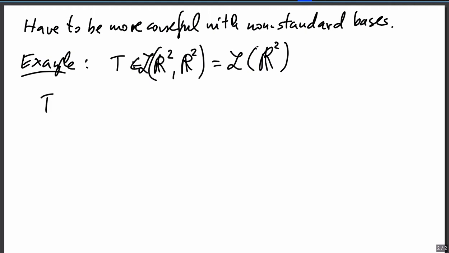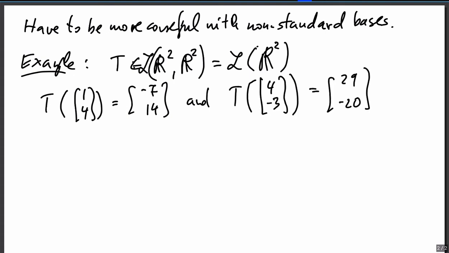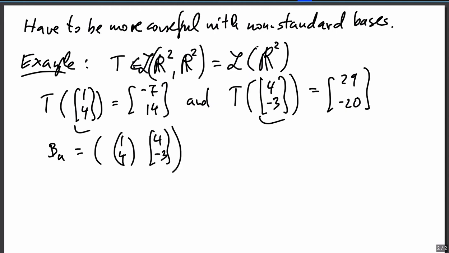If what's given is the image of vector (1, 4) as (-7, 14), and the image of (4, -3) as (29, -20), you can consider this as one basis, and we are mapping from R2, so this would be the first basis, with basis vectors (1, 4) and (4, -3). It's easy to see that these are linearly independent, so that means it's a basis in R2.